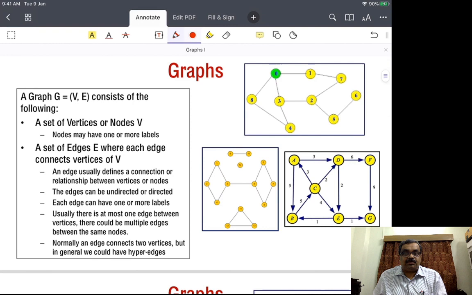Graphs, as you know, is a structure which has got two major components: a set of vertices and a set of edges. So a graph G consists of two entities, a set of vertices and a set of edges.